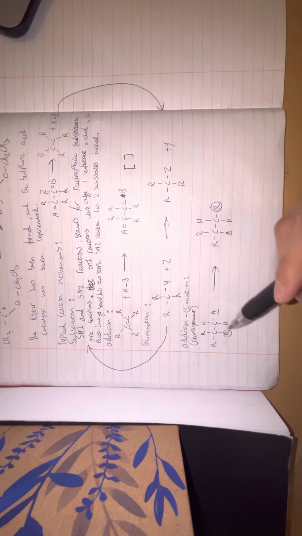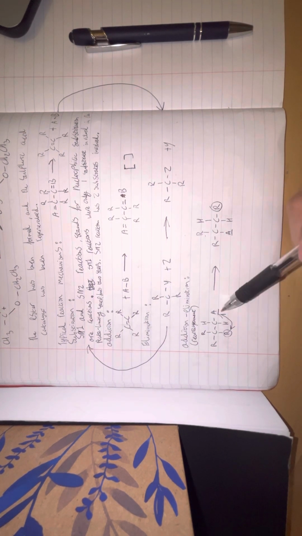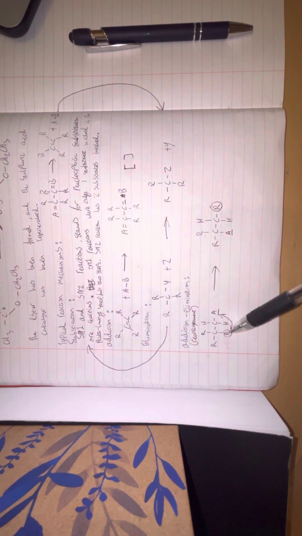So C bond to C to an R has been changed, has been flipped. And this is what's left. That's addition and elimination. It added this A, eliminated the A, replaced it with the R, and then added it to here again.